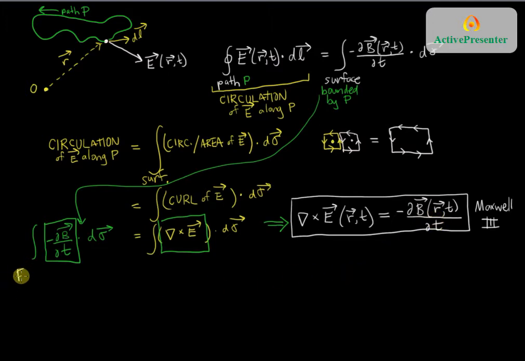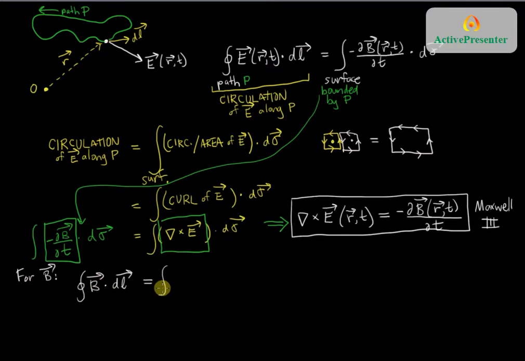Very similarly, we can write a similar approach for B. The Maxwell equation for the circulation of B along a path, writing it where there's a dependence on r and t there that I'm not bothering to write.